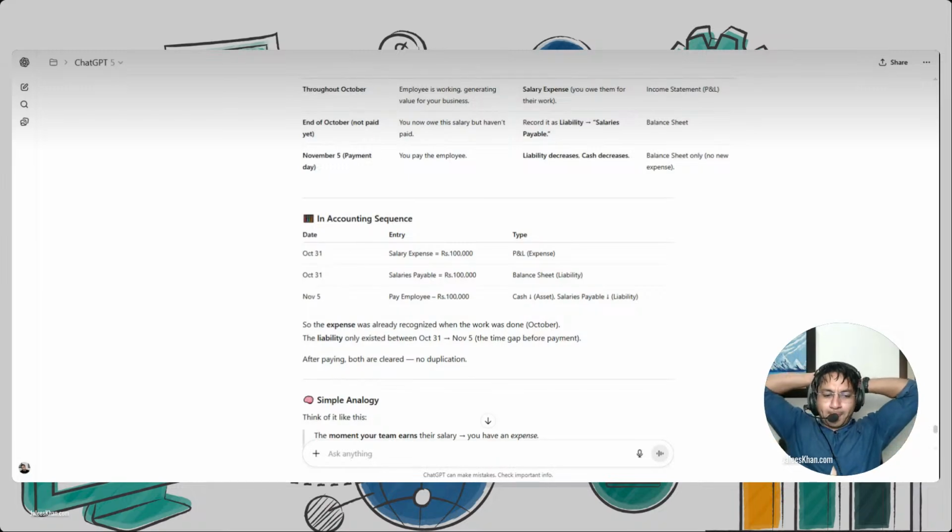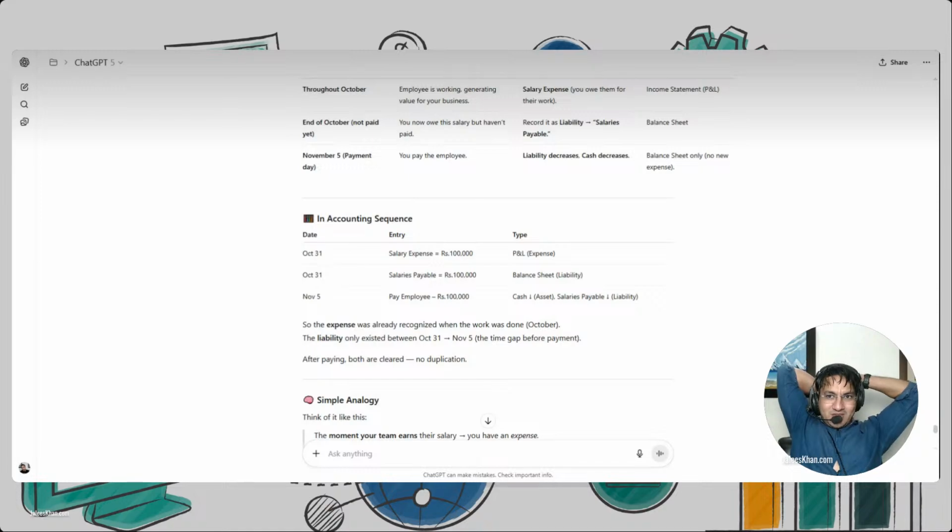What does this mean? It means that in the month of October, we are going to record that amount as expense.